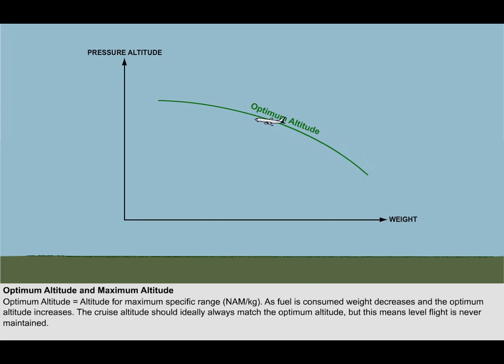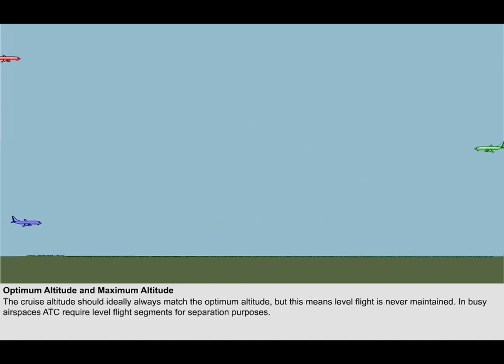Therefore, to constantly fly at the optimum altitude, the aeroplane will not actually fly level, but will in fact slowly be climbing in the cruise. On the other hand, ATC restrictions require level flight crews to ensure vertical separation with other aeroplanes.